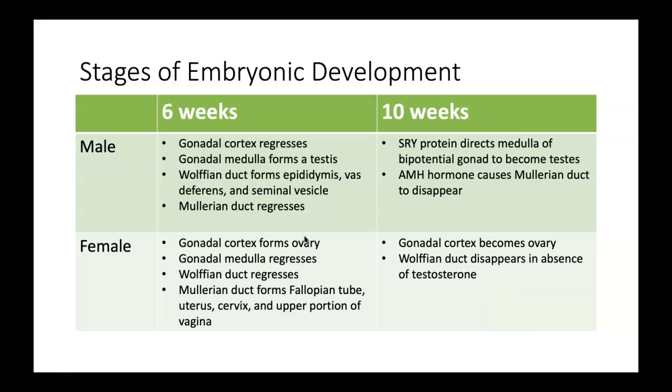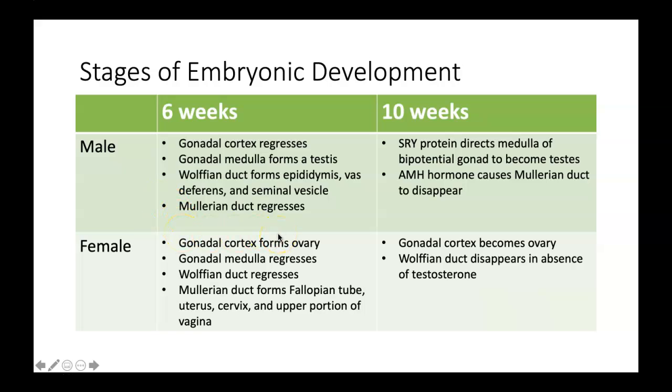In the male 6-week embryo, a Wolffian duct forms the epididymis, vas deferens, and the seminal vesicle. And then, in contrast, in the female 6-week embryo the Wolffian duct will regress, and the Mullerian duct will form the fallopian tube, uterus, cervix, and upper portion of the vagina. But in the male, that duct will regress.